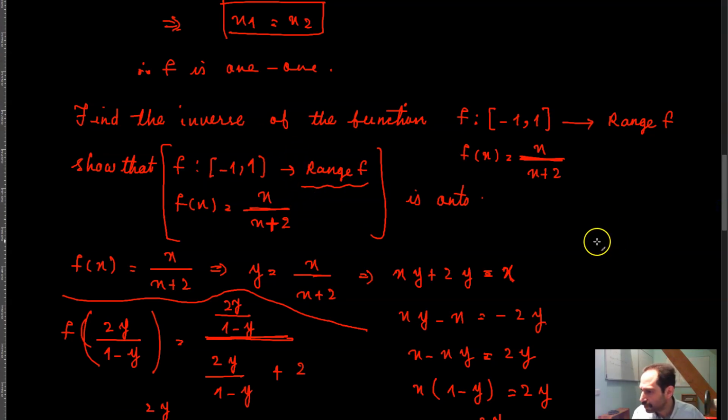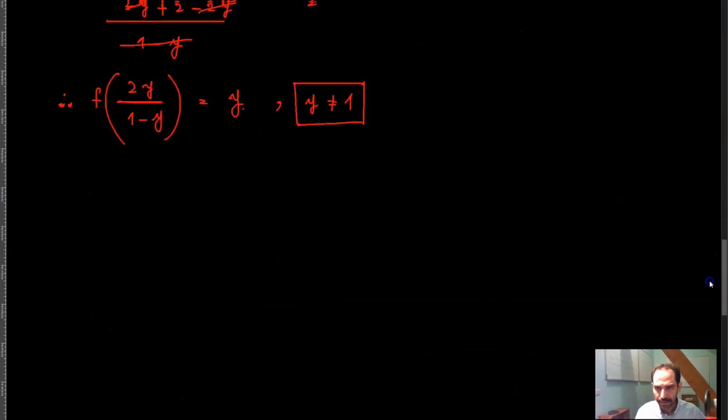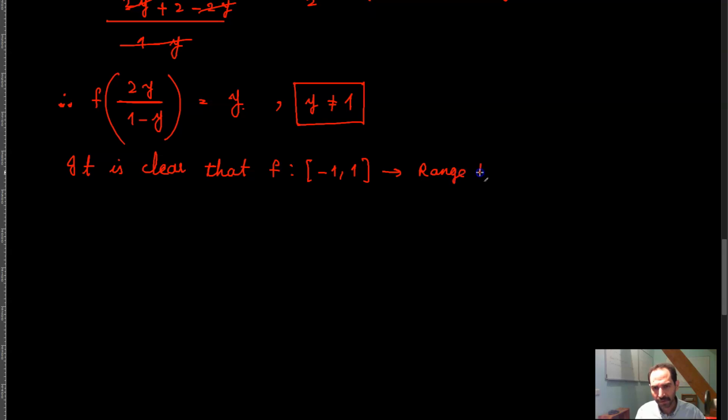So based on this, you can say that it is clear that f as a function from -1 to 1 to range f is onto, right? Is onto.